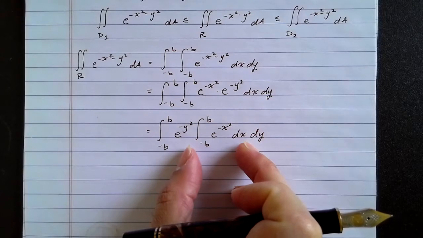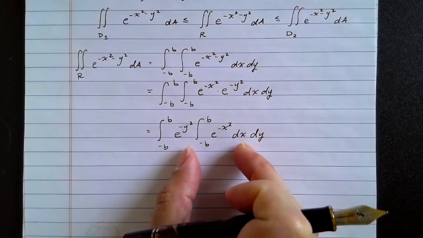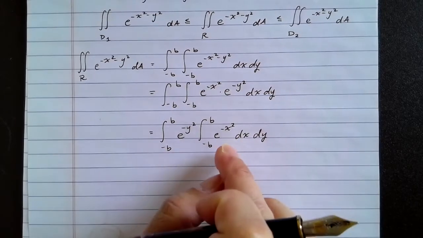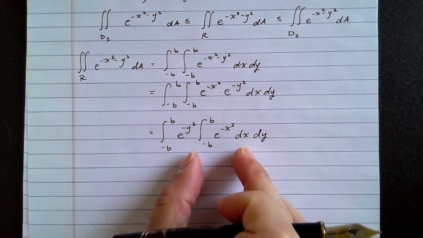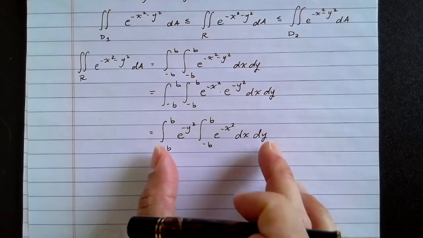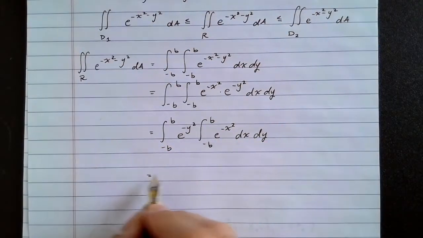Now, when I integrate this, this is also a constant with respect to y, right? This integral from negative b to b of e to the negative x squared dx is some constant. So I can pull that out of this integral, and we get this.